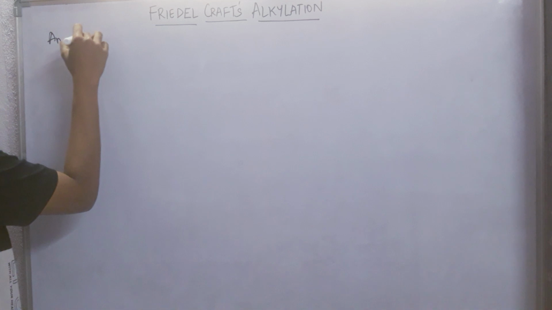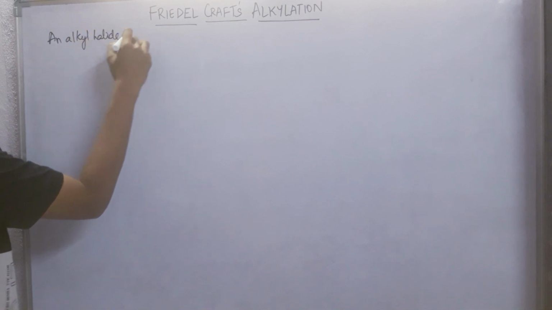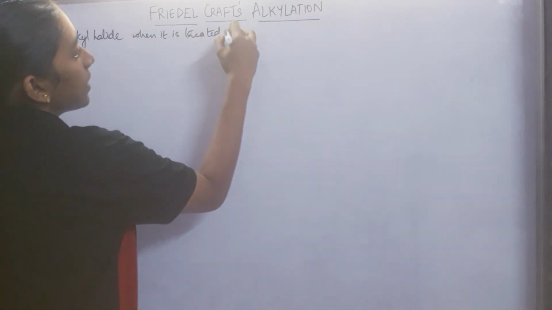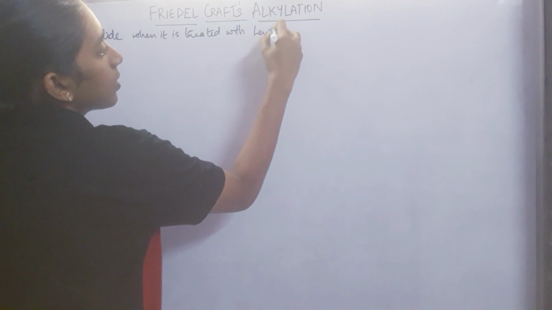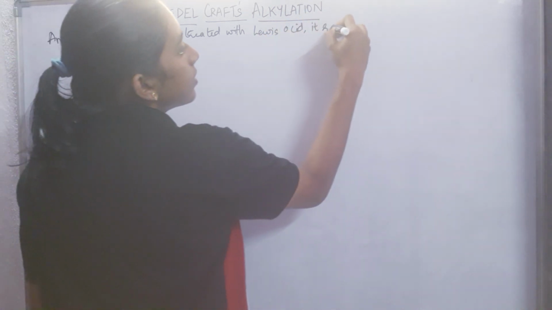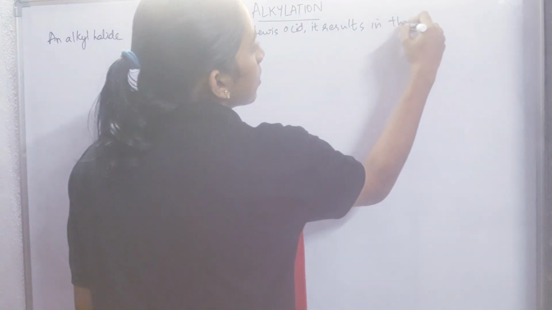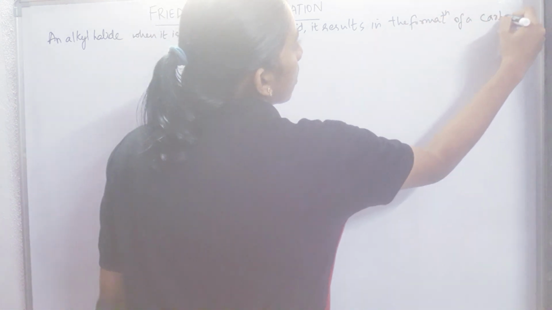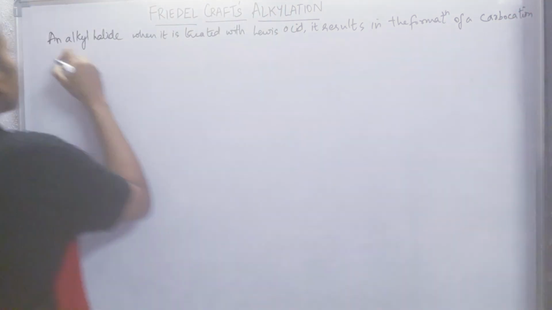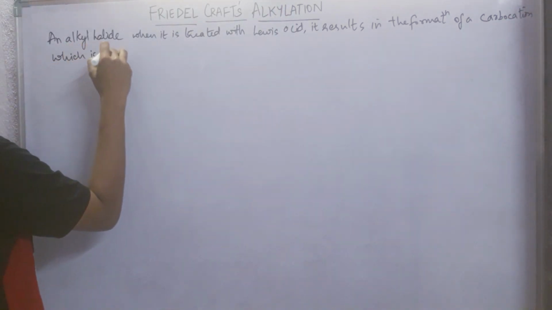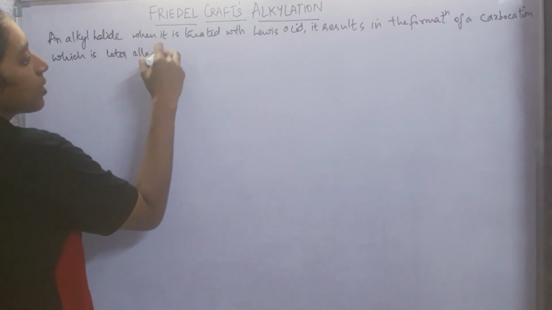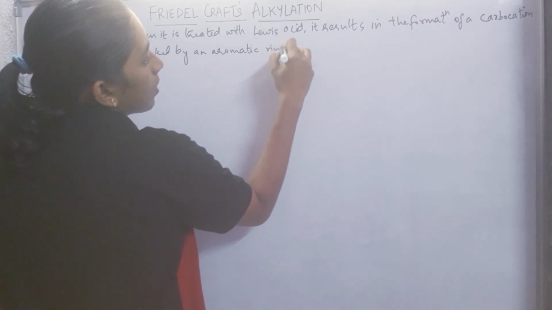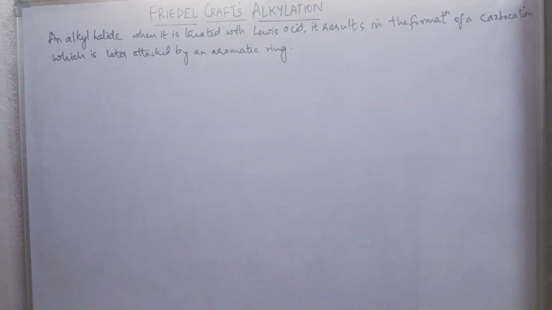An alkyl halide, when it is treated with Lewis acid, results in the formation of a carbocation, which is later attacked by an aromatic ring. This is called Friedel-Crafts alkylation.